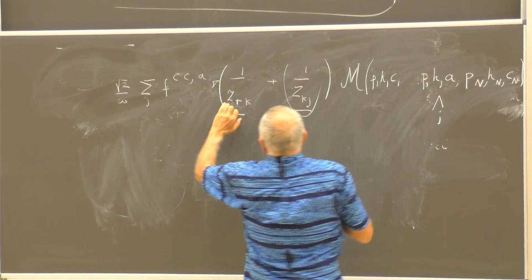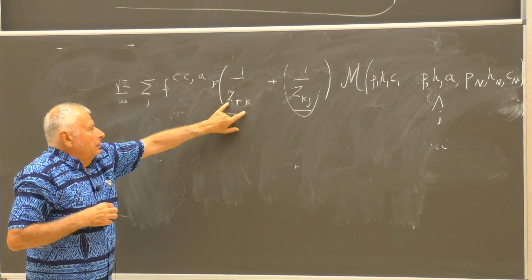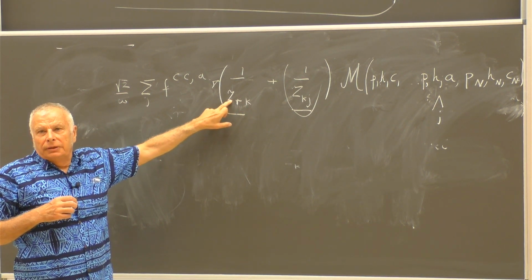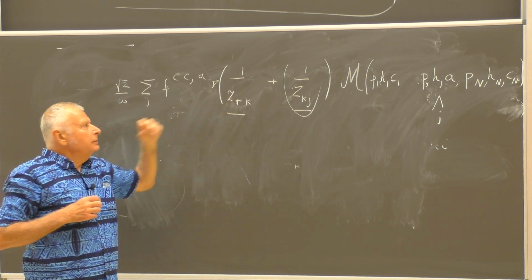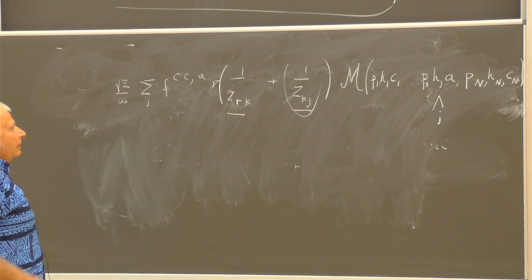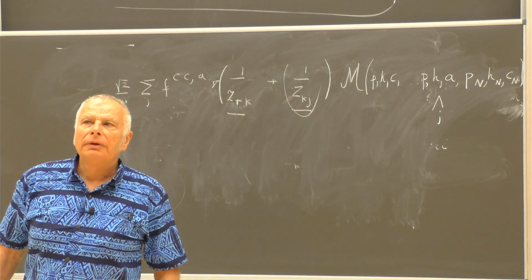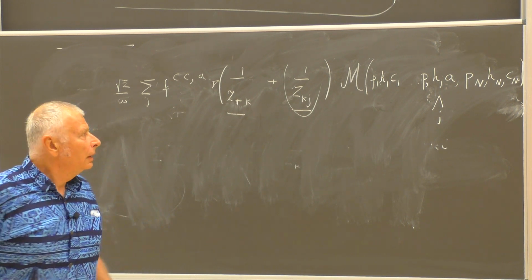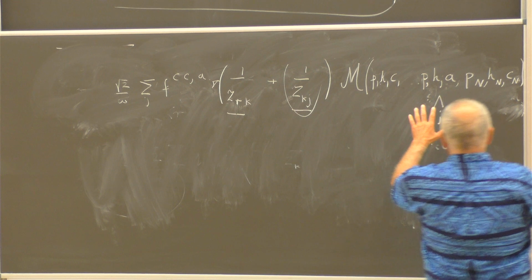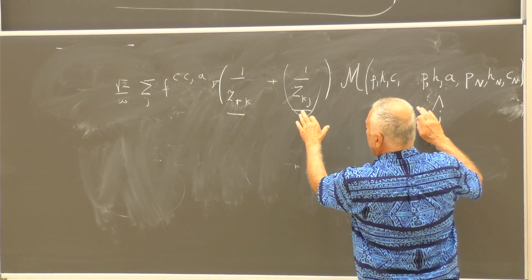And now here I have a term which a priori can depend on the reference vector. Yes? What is the letter just before the bracket? What is the letter after the structure constant?